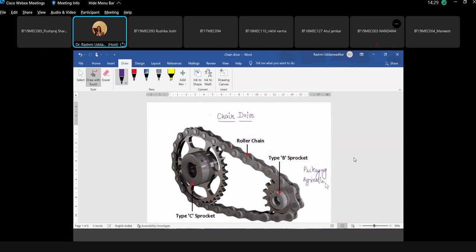Again, if you have been to some farms, this is used in printing industries. This is used very much in textile industries. Also used in food factory for conveyors.